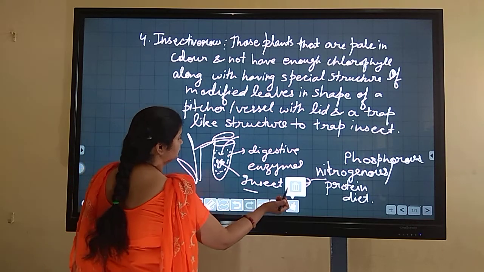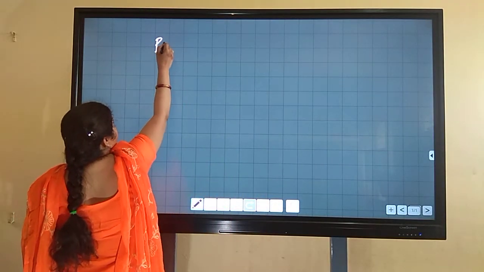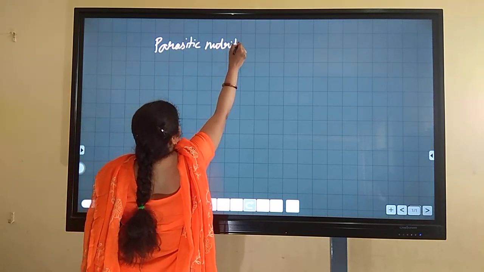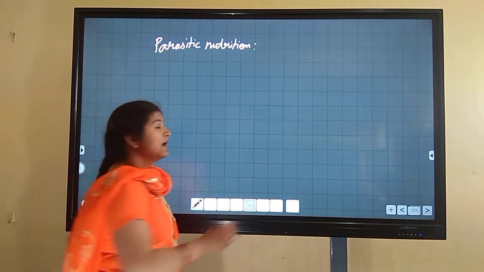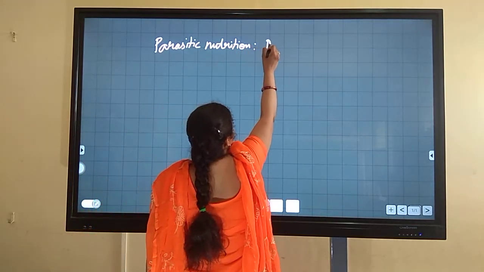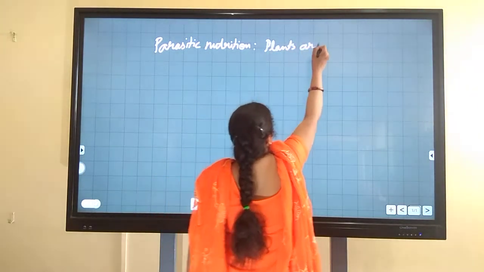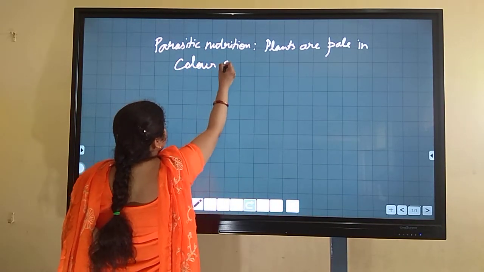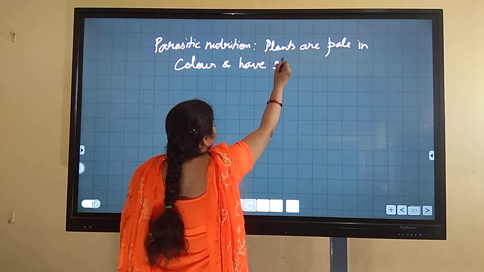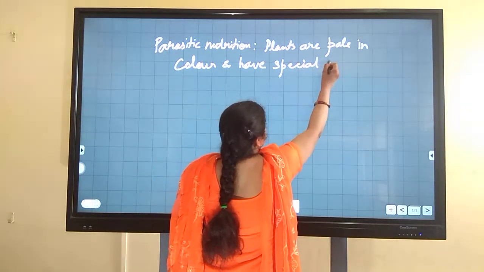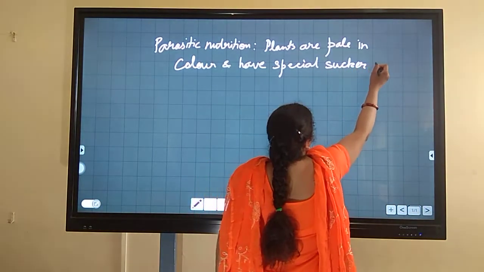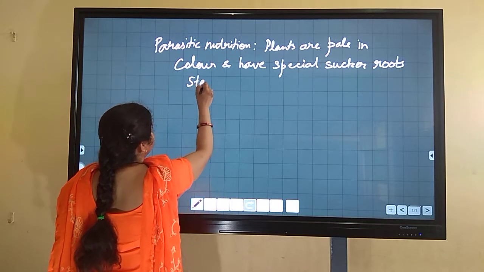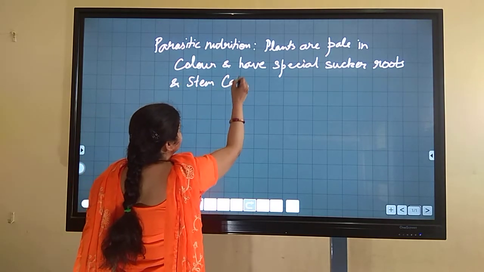Now one more type of plant nutrition is there, which is parasitic nutrition. In this, the plants are also pale in color and have special structures, sucker roots and stem, called haustoria.